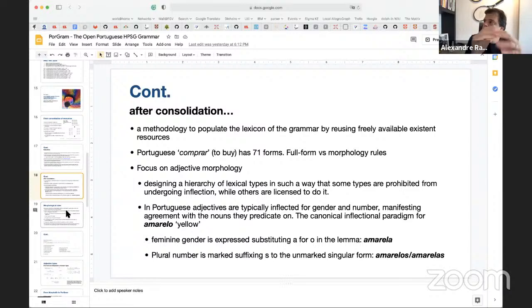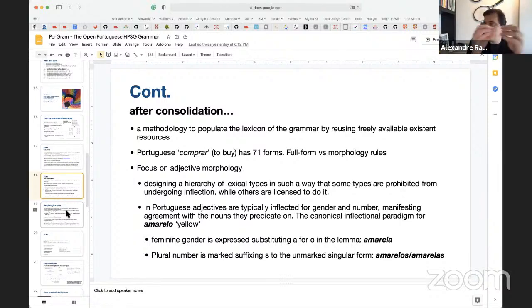In the case of the adjectives, as I said, the hierarchy is a match with the morphology, the idea of the effects of the morphology. That was not the case for verbs, but for the adjectives we follow a hierarchy based on inflection. And then once we have the rules of the morphology, we just fill the elements from the dictionary into the grammar.